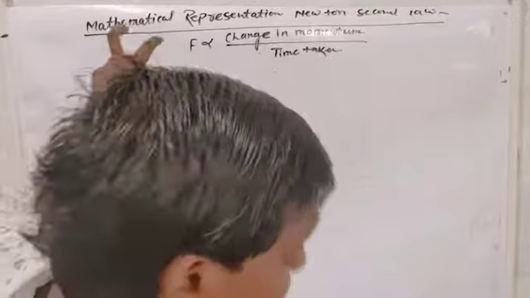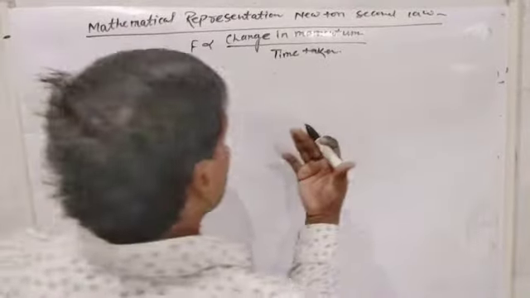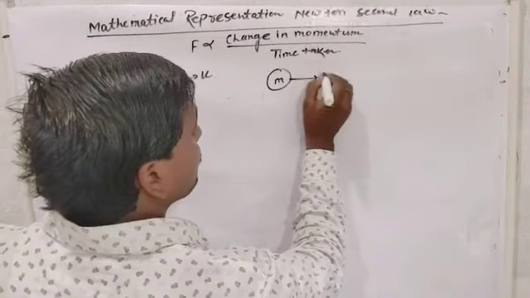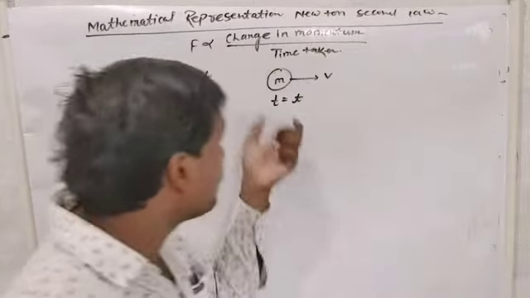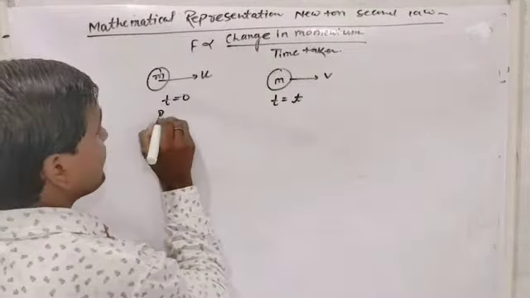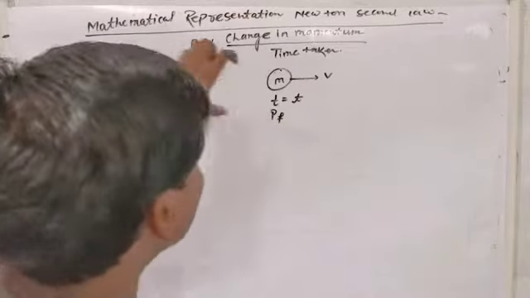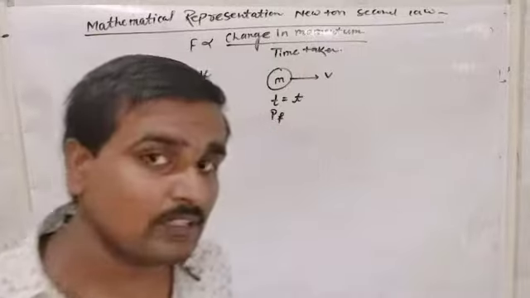When we apply force F on it, after some time its velocity changes to v and the time is t. So this is the initial momentum and this is the final momentum.